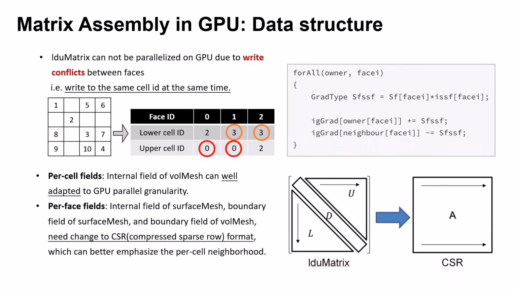If we transpose the LDU matrix to CSR, each row contains the data of one cell, and each thread just focuses on one row. Now we will no longer meet the write conflict, but it needs some data transfer, which is not demanding. It is very fast.